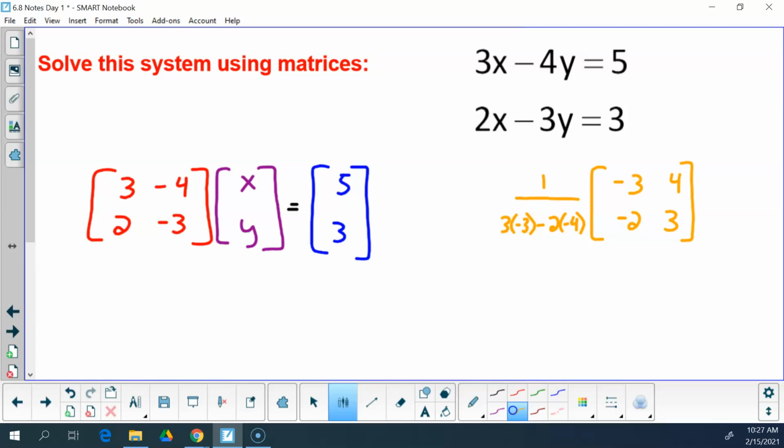That should be the inverse. -9 plus 8 is -1.